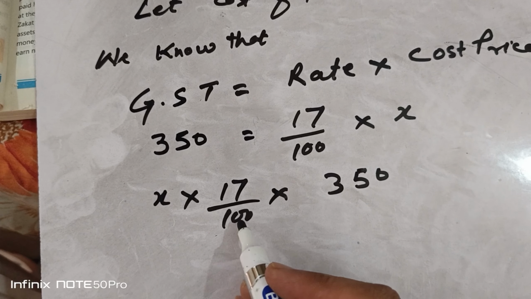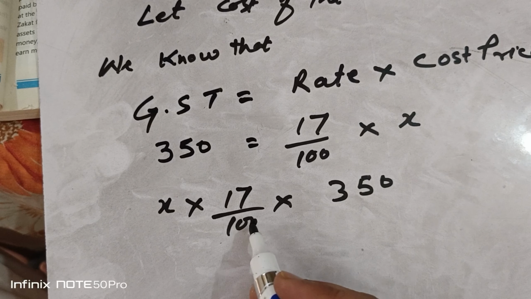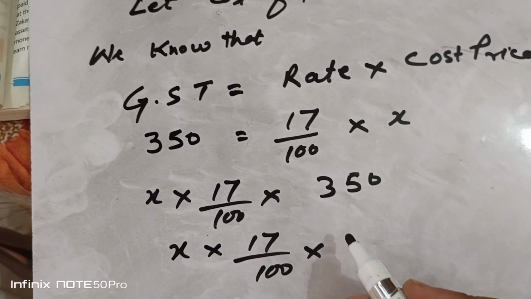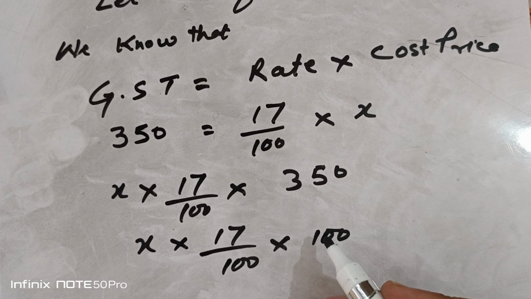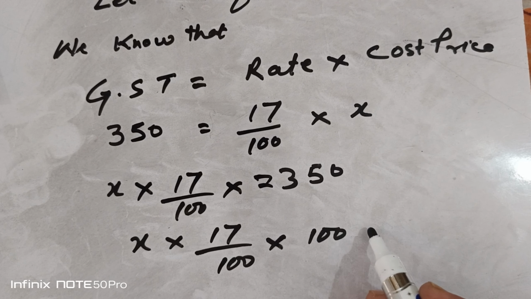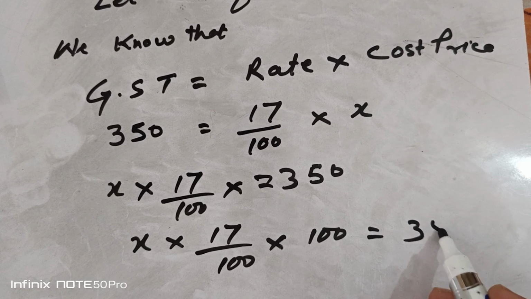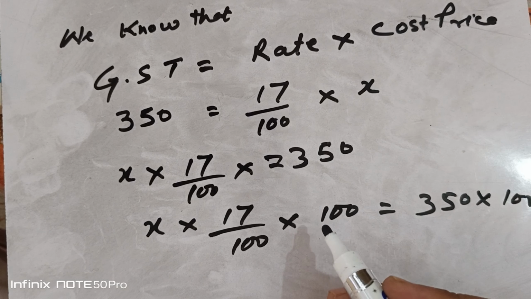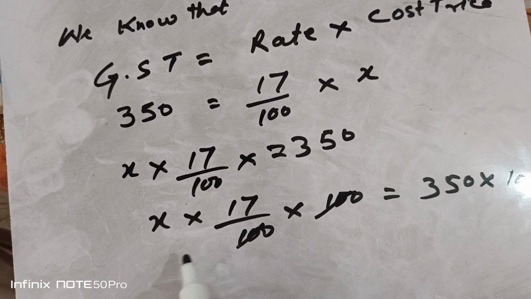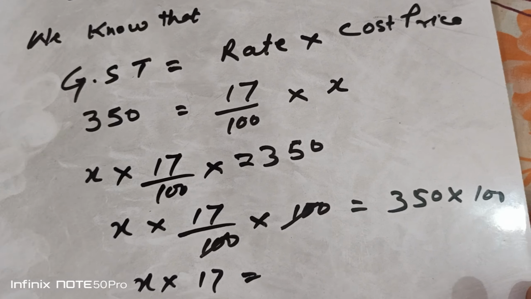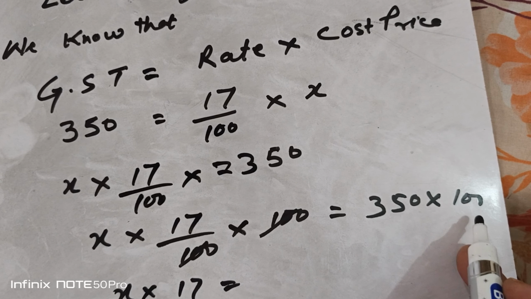So this 100 will be eliminated by multiplication. So we will write here 17 over 100 multiplied by 100, which is equal to 350 multiplied by 100. So this 100 will be cut off with this 100. So we will get X into 17, which is equal to 350 multiplied by 100.